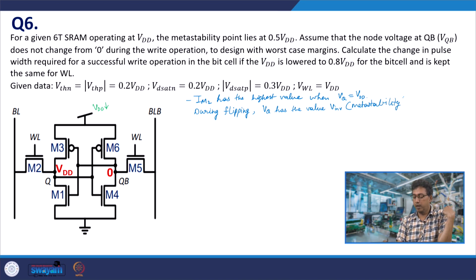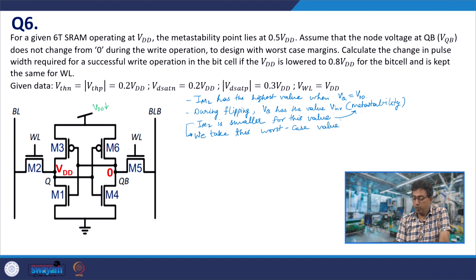IM2 is smaller for this value, we take this worst case value to be the discharging current during the word line pulse.